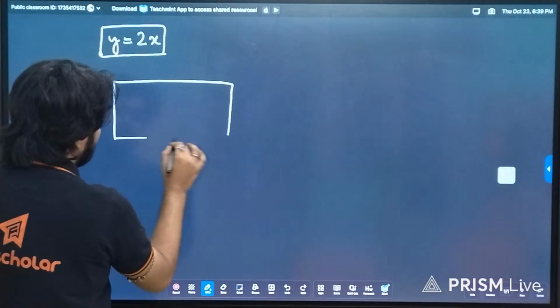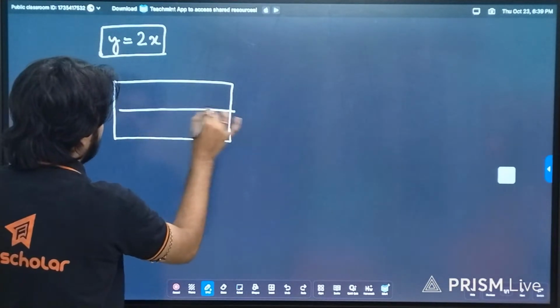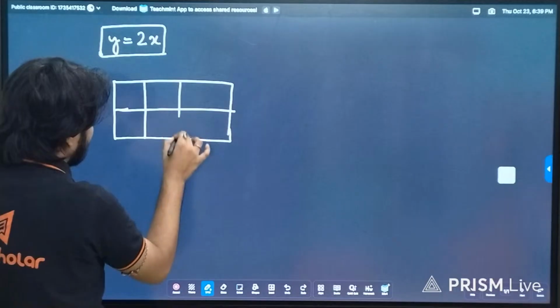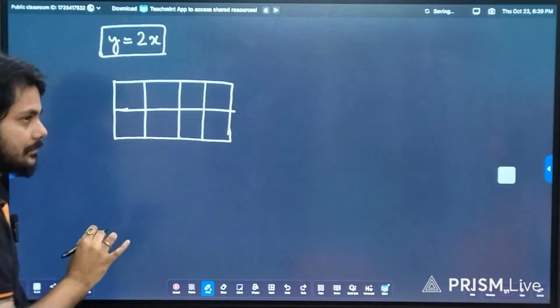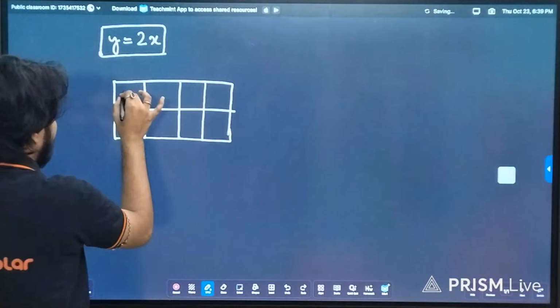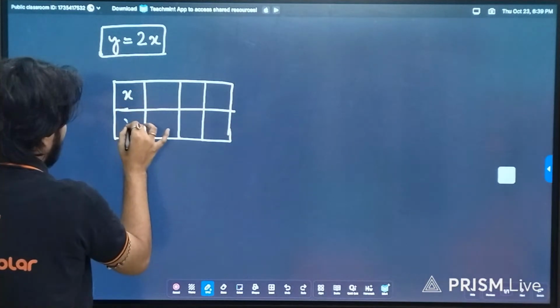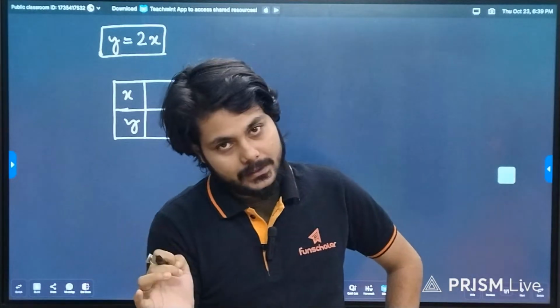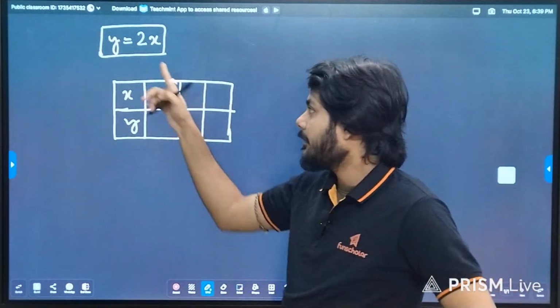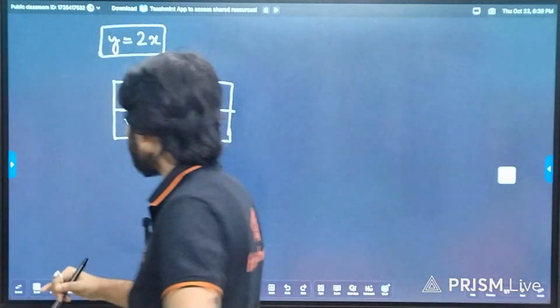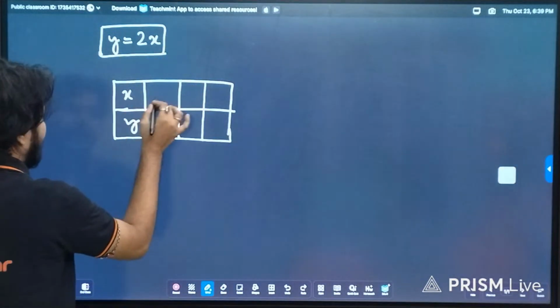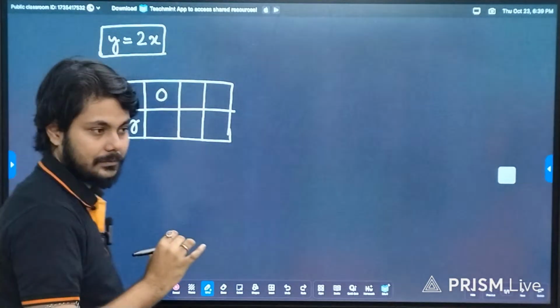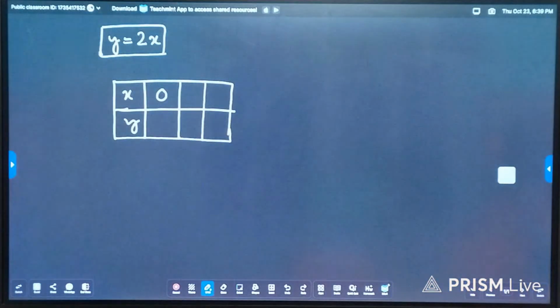You need to make a chart just like this. Just write x and y. You need to take different values of x for which you will get different values of y. Suppose you are taking x as 0.